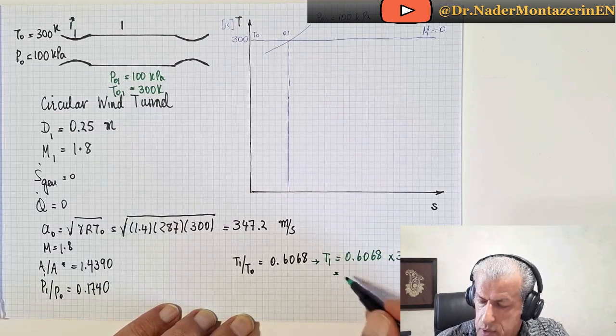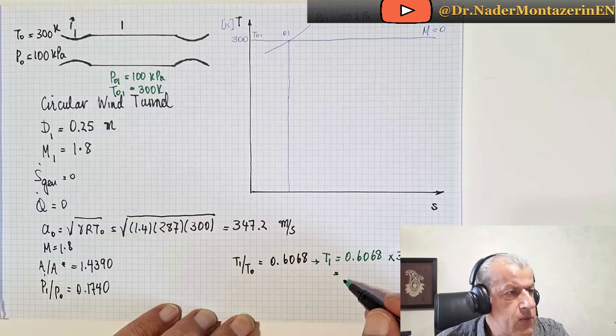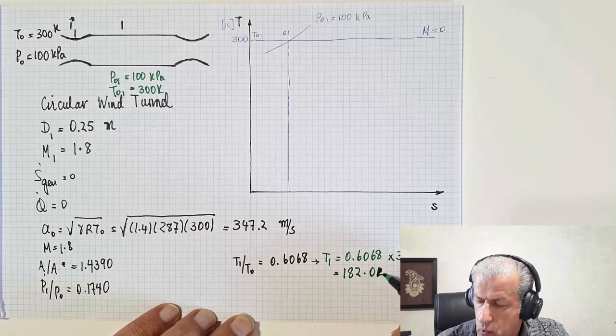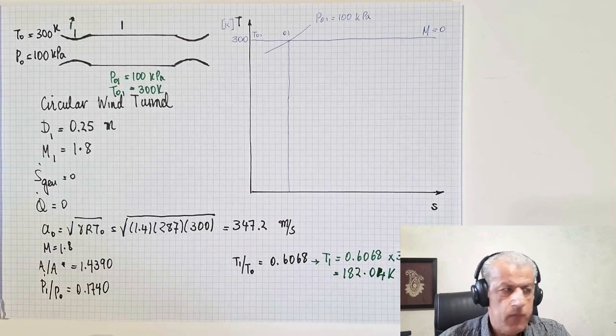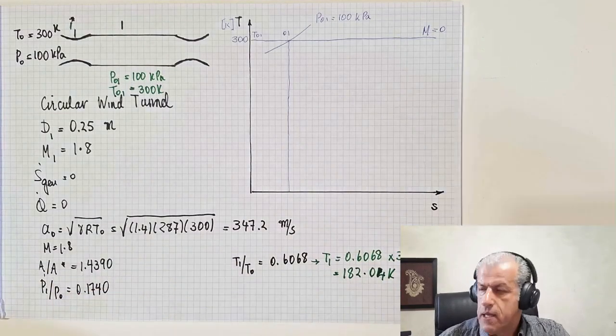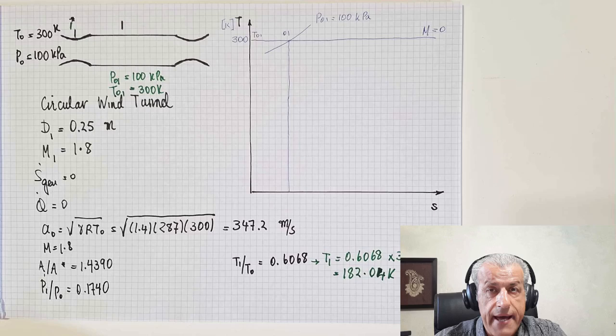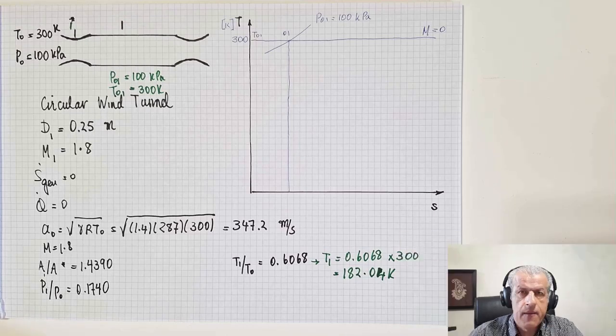And the outcome for T1 would be 182.04 Kelvin. Okay, this is the value for static temperature at the test section.